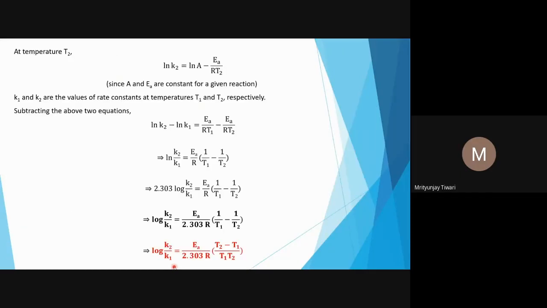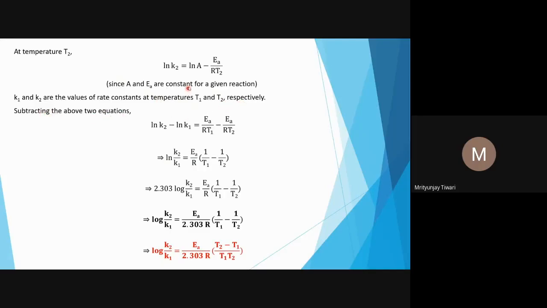Since A, the pre-exponential factor, or Arrhenius factor, or frequency factor, is constant for a given reaction unless some extra factors are added, the only changing factor is the temperature. K1 and K2 are the values of the rate constants at temperatures T1 and T2, as I have already said.